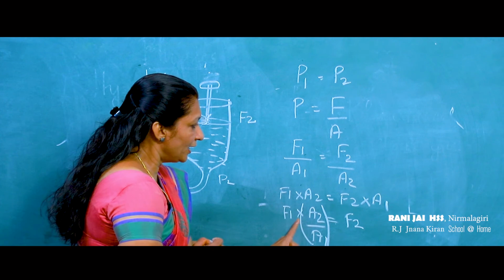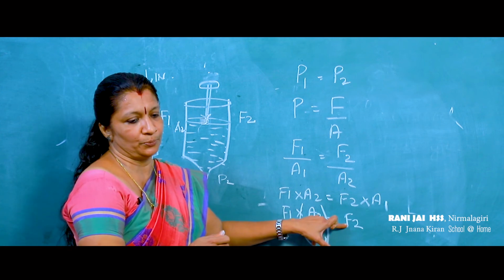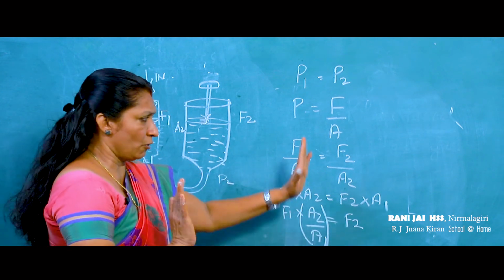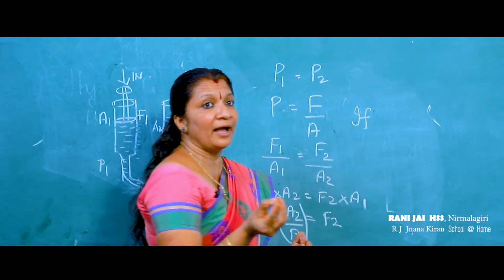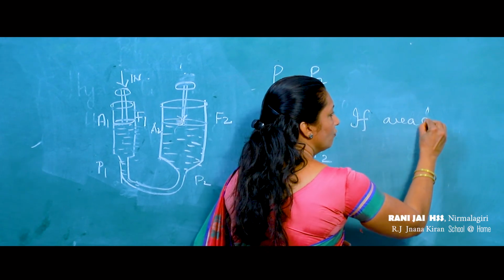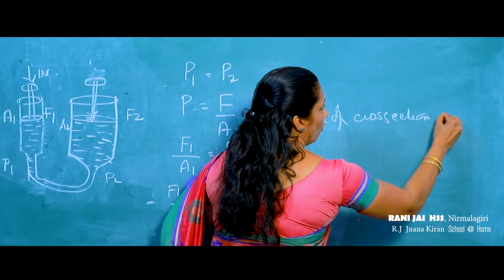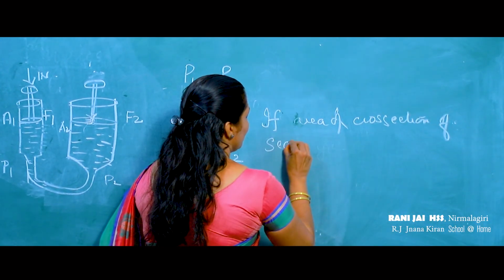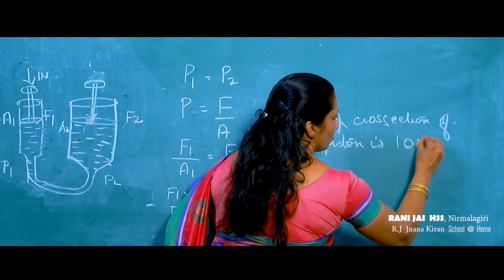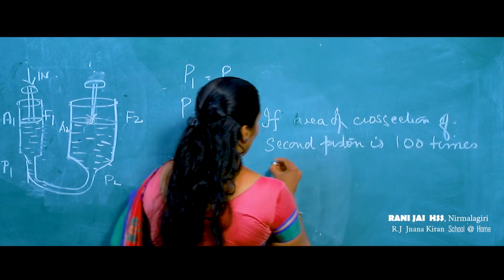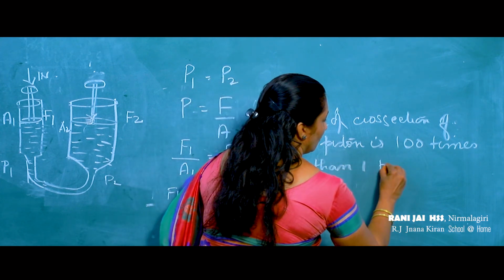So F1 into A2 by A1 is equal to F2. If the area of cross section of the second piston is 100 times more than the first piston, what can we write, children?